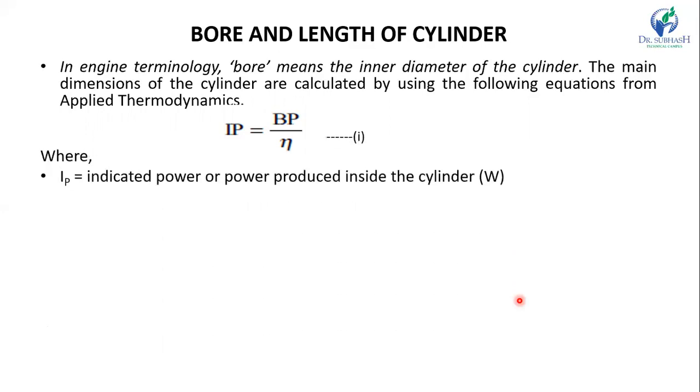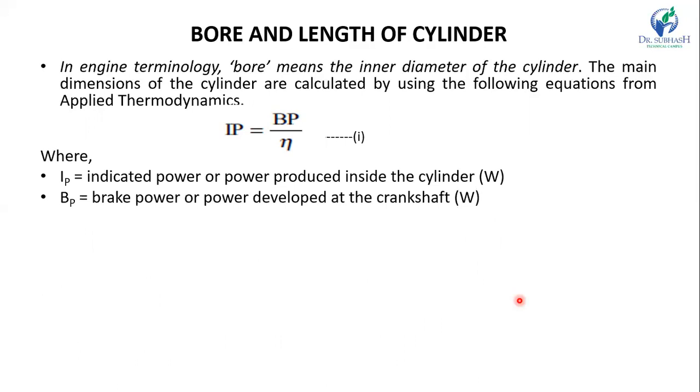Equation number 1. So IP is the indicated power, or power produced inside the cylinder, in watt. And BP is the brake power, or power developed at the crankshaft, in watt. Eta is the mechanical efficiency as a fraction.